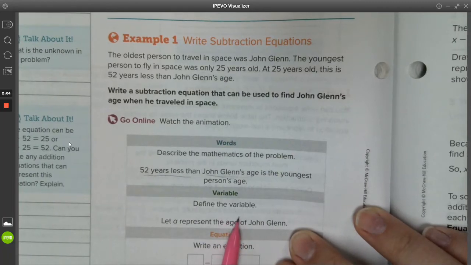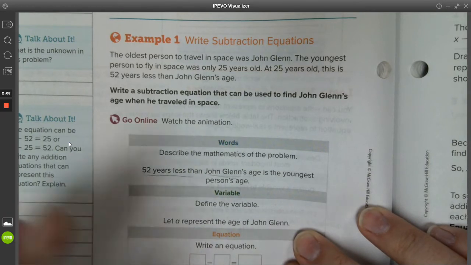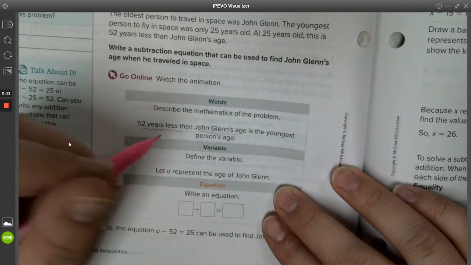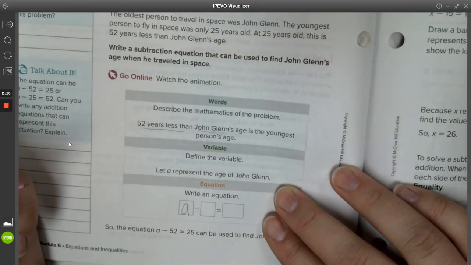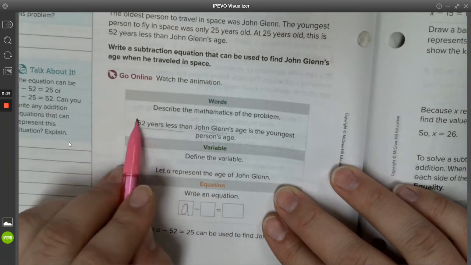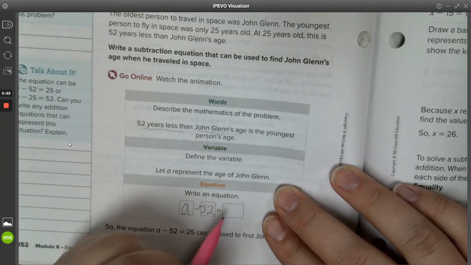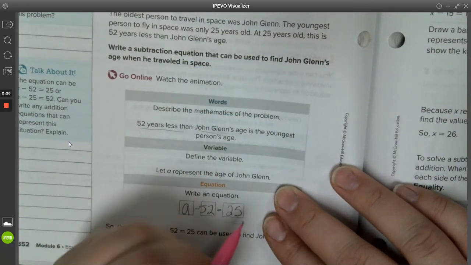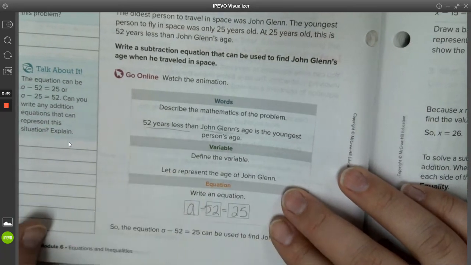We're going to define the variable. Since we're trying to find the age of John Glenn, we're going to use A to represent his age. So what we would start with is A, for John Glenn's age, minus 52 years, because we see 52 years less than, equals the youngest person, which was 25. So that's how we would write this equation here.